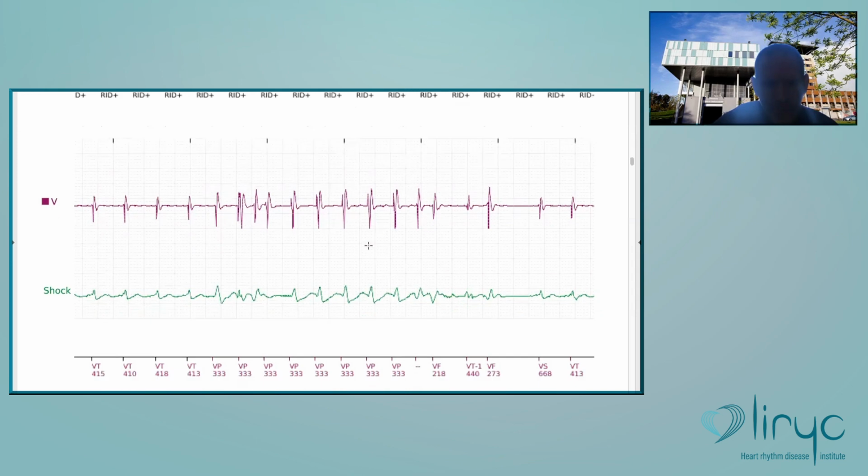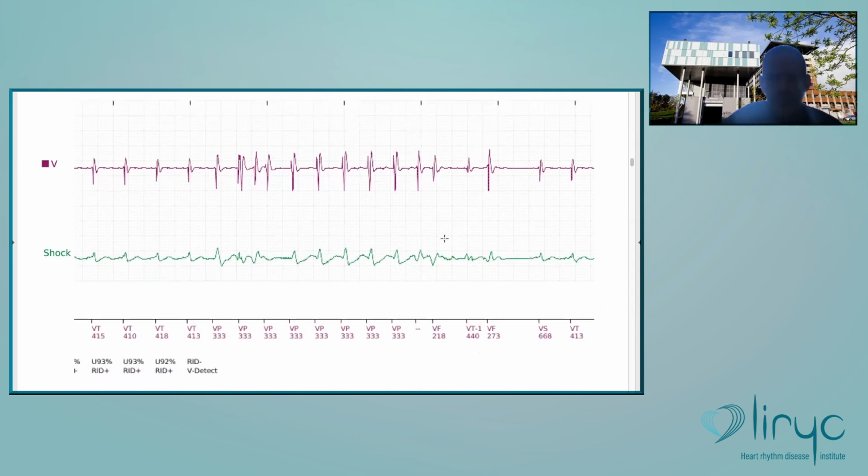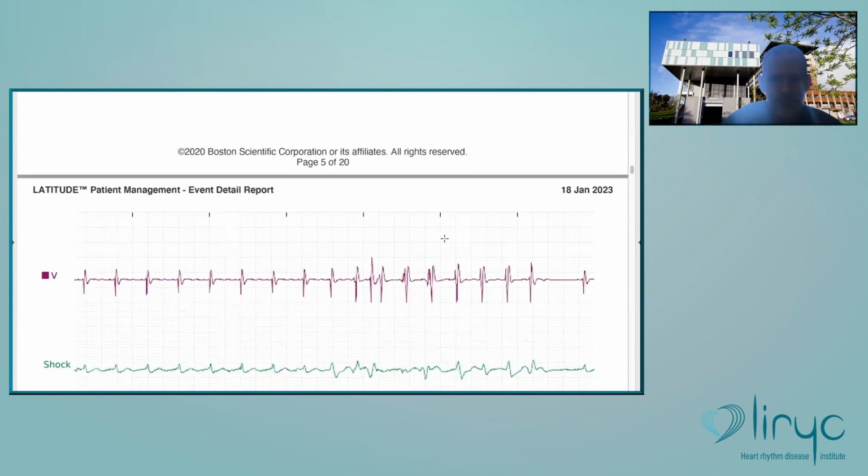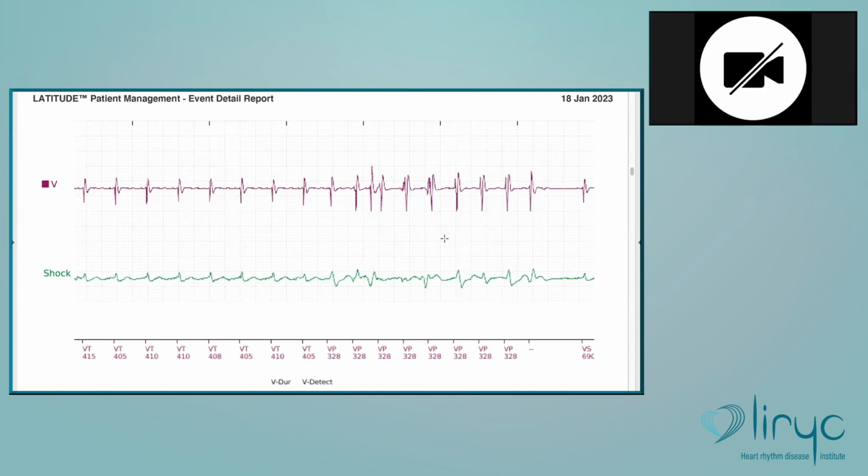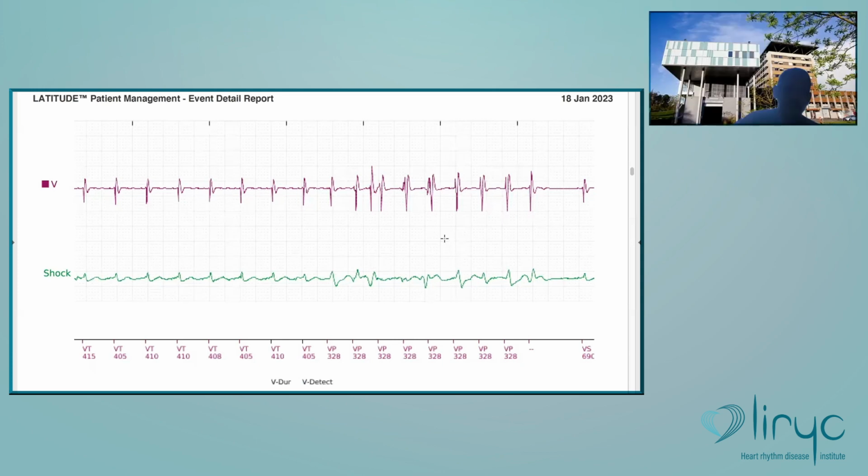Once the therapy has been delivered, what happens in terms of discrimination? The morphology only works on initial detection. It means that if you deliver an ATP or a shock, no more discrimination will be applied for this episode.